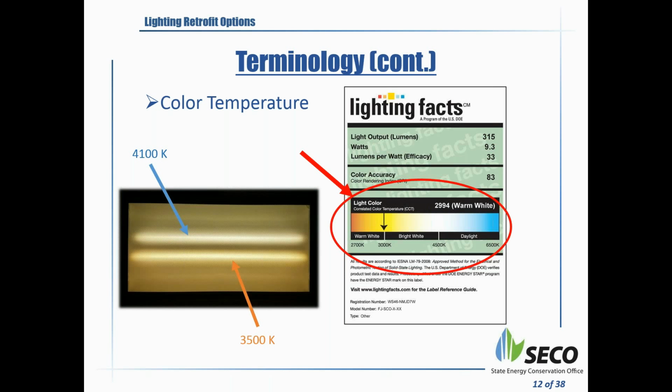When you are ordering your lighting systems, it is very important to specify what color temperature you want the light to be, because an LED or a T8 would both come in different Kelvin ratings.